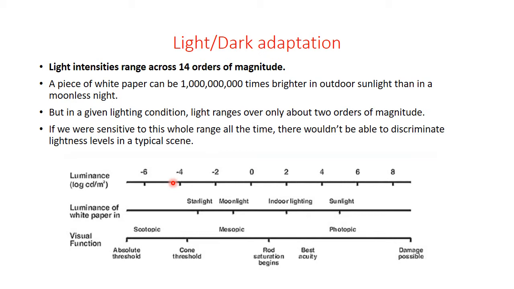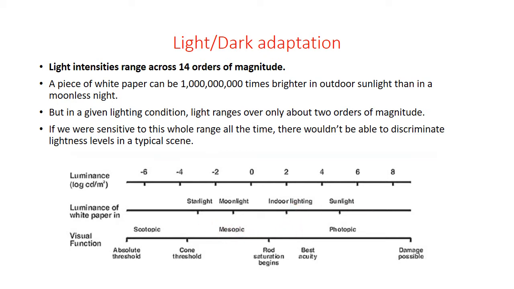This type of vision that operates at very low levels of light we call scotopic vision, and it is mostly mediated by rods, while the type of vision mediated by cones, with more intense levels of light, we call photopic.